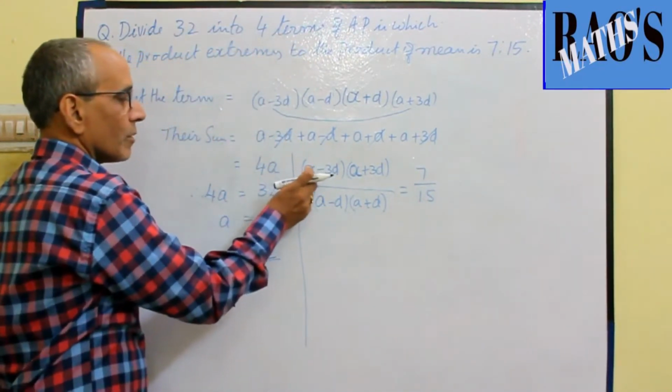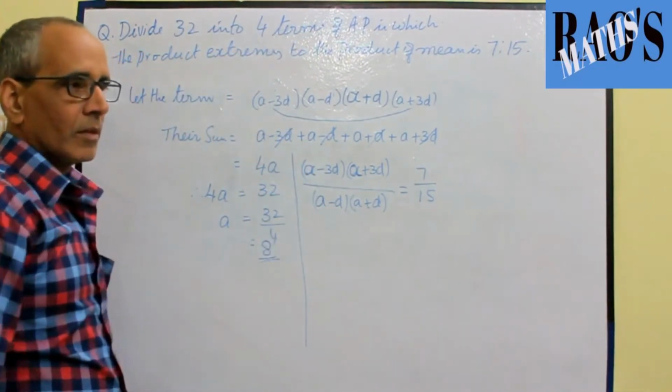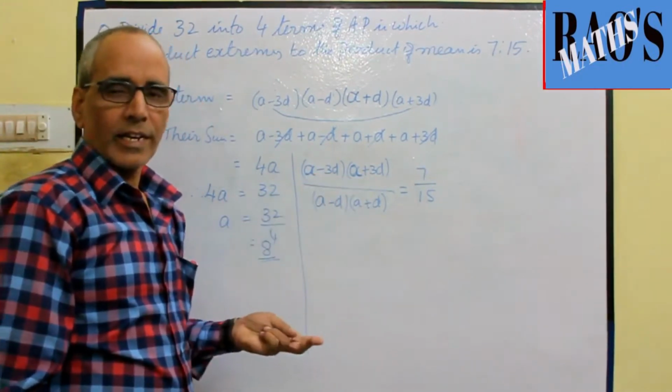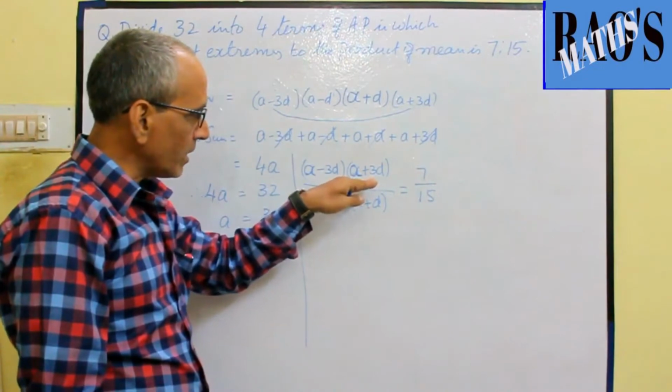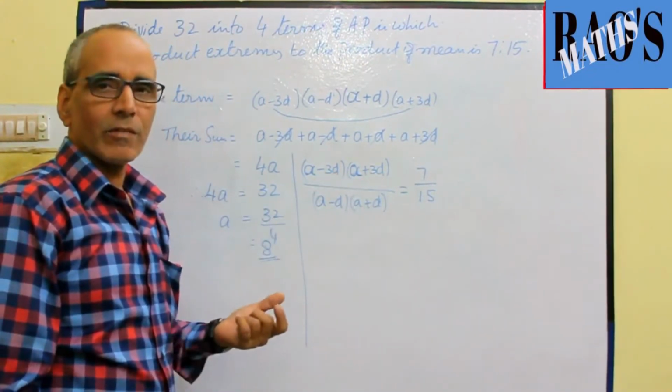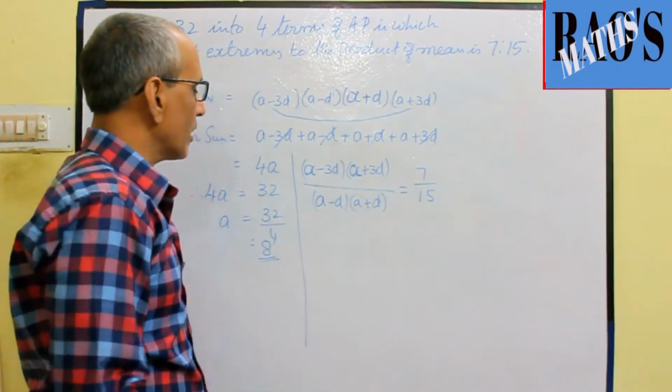We know the A value. Let me simplify the numerator and denominator by the identity A plus B and A minus B, the product is A square minus B square. The same in the denominator too.